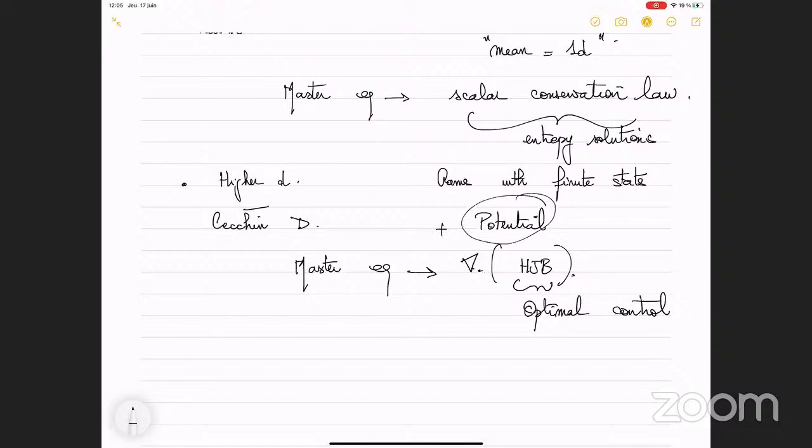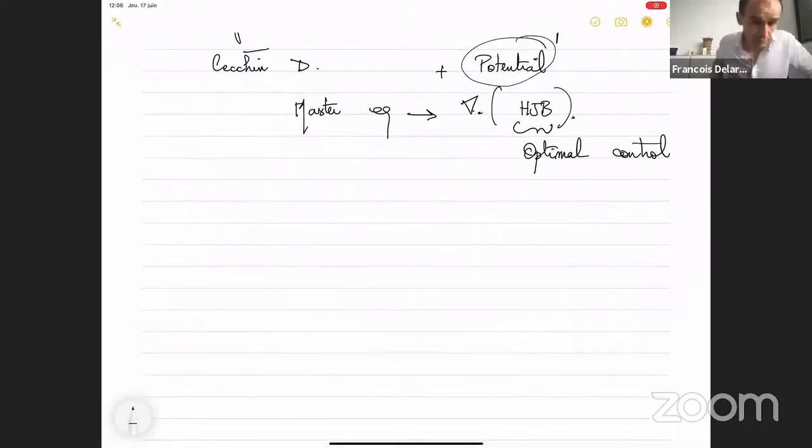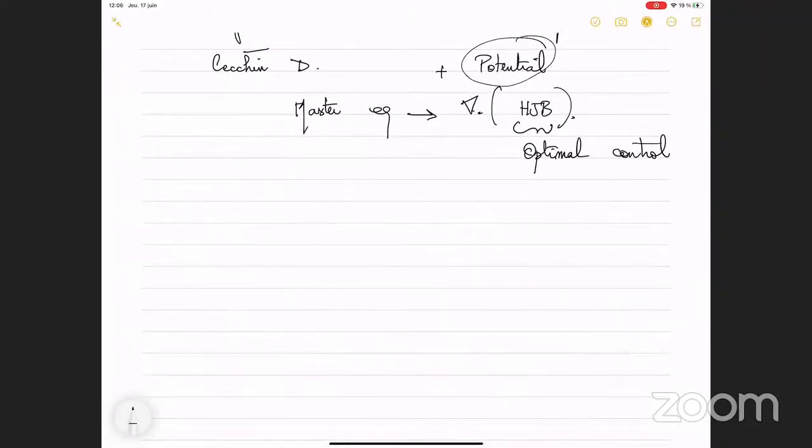I have a local perception of the crowd around me, but of course my state depends on the whole crowd.